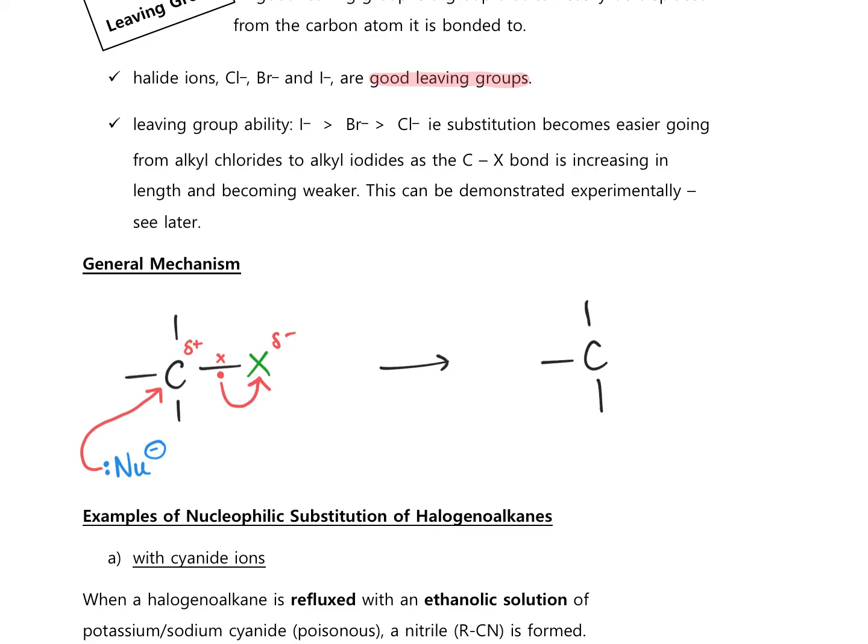So what do we then end up with? Well, the halide ion has left, so that's no longer part of the halogenoalkane, and instead the carbon is bonded to the nucleophile, and it's done that using the nucleophile's lone pair of electrons. You can represent that here. You don't have to draw that in your final product, but just to show what's happening here in terms of the electrons.